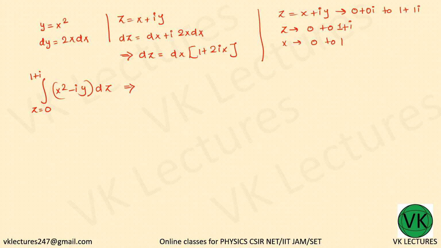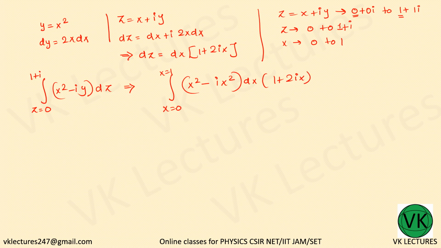So this is the x value 0 to 1. So this integral can be changed into x equal to 0 to x equal to 1 of x square minus iy, with y equal to x square, into dz. What is dz? That is dx into 1 plus 2ix.